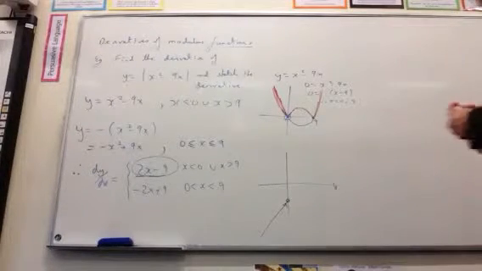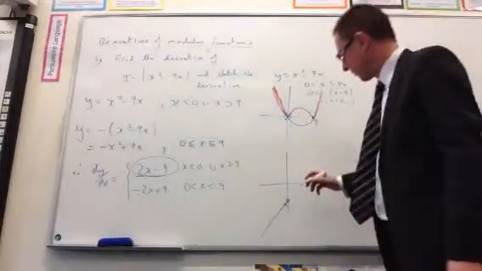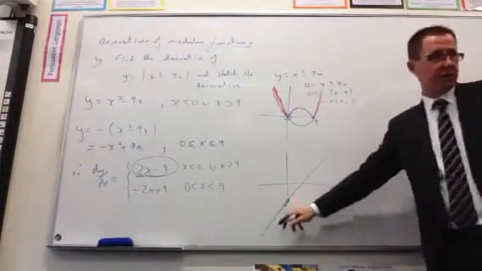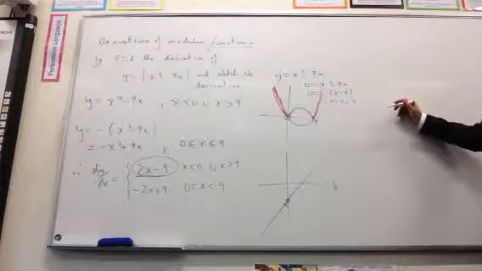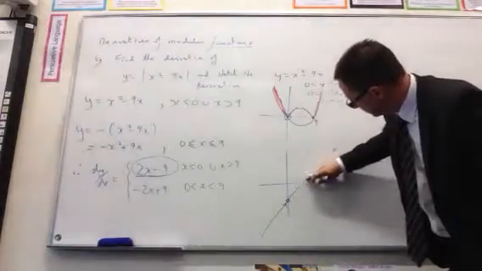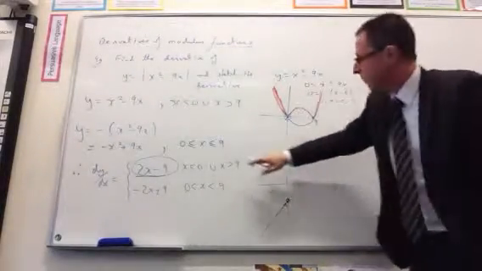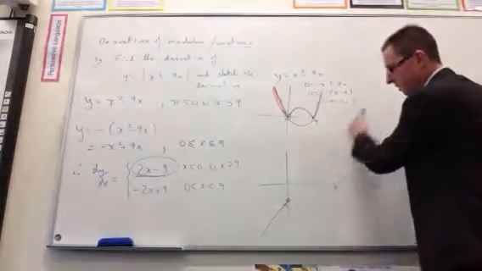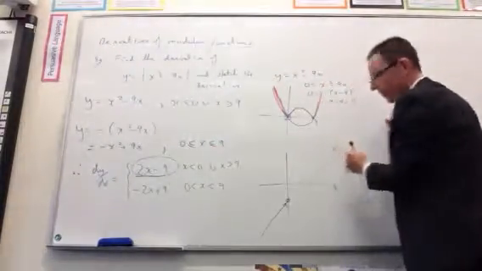Yeah. Right. If I wanted to draw 2x minus 9, it would go like this, wouldn't it? Yeah. It goes through negative 9, has a gradient of 2. But that's not the domain. But we don't exist. We only exist less than 0 and more than 9. So draw your straight line, that equation, rub out the bit in the middle.